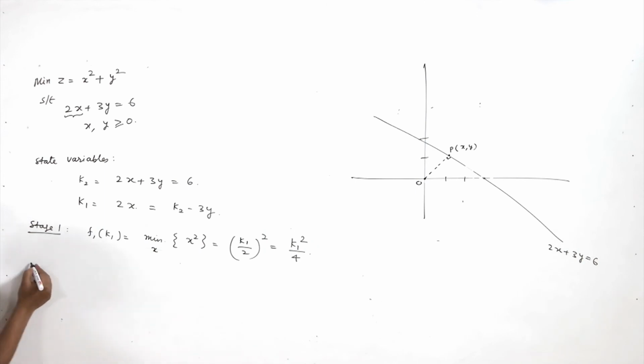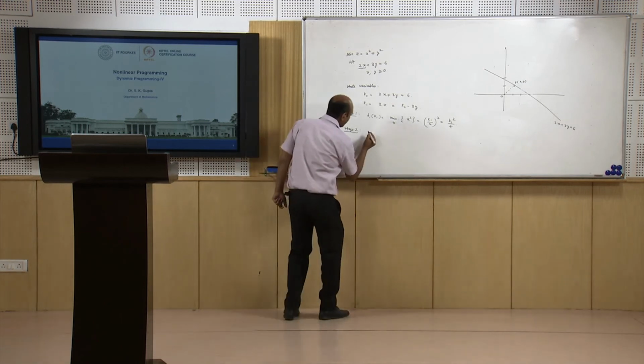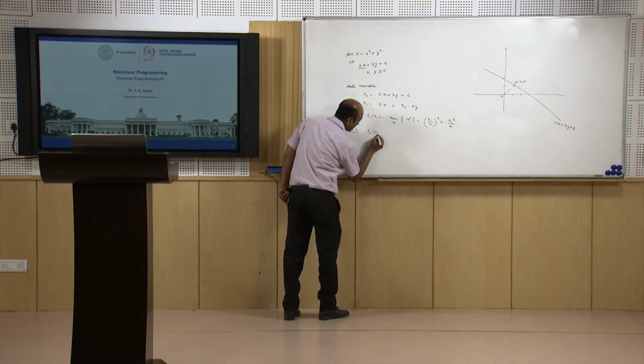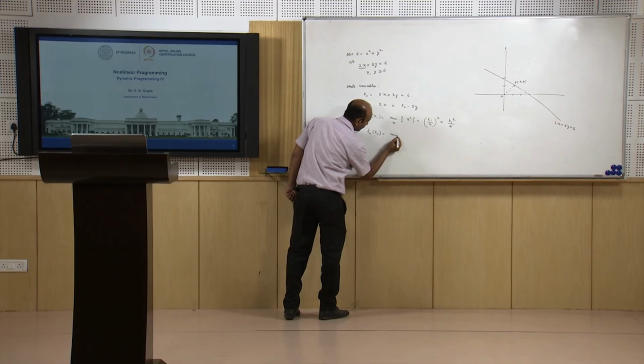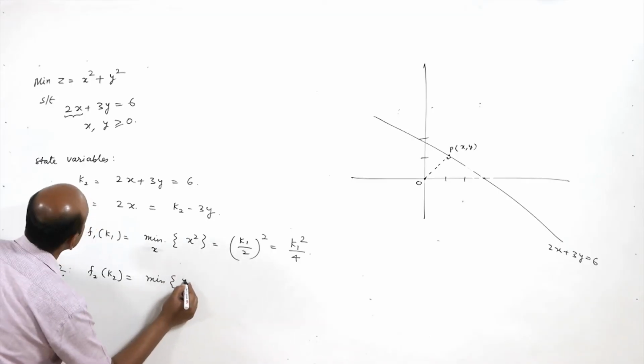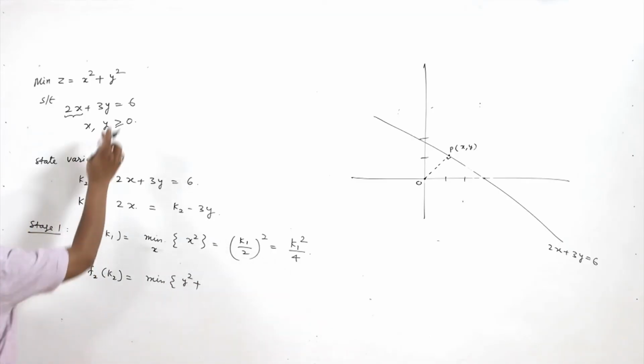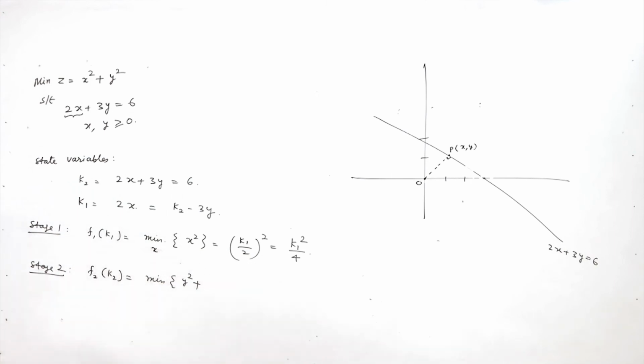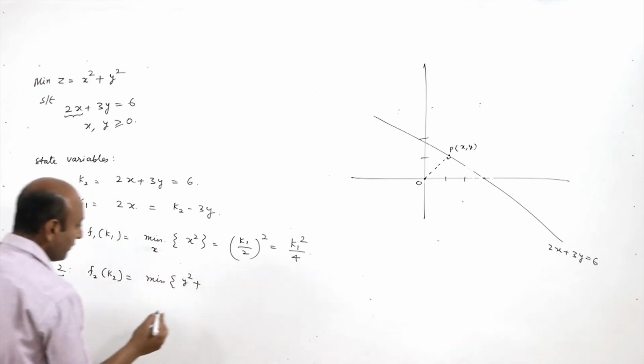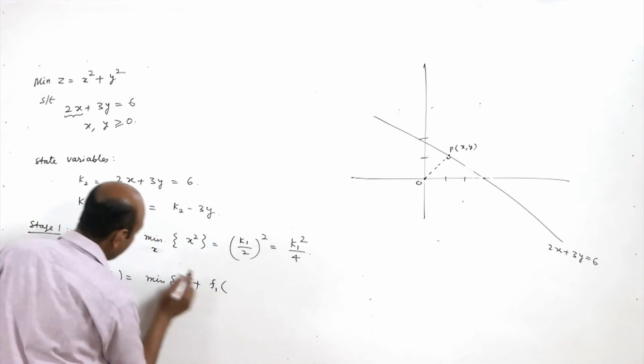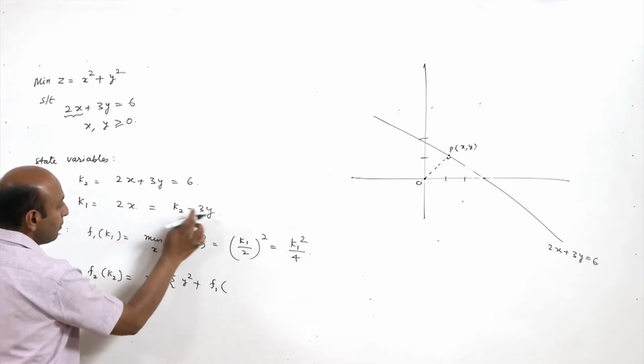Now, come to the next stage, or the last stage of this problem, because it is only a two variable problem, a simple illustration to solve such type of problem using the dynamic programming approach. So, it is f2 of k2, which is the minimum of y square plus whatever we obtained in the previous stage, that is f1 of k1, and k1 is k2 minus 3y.